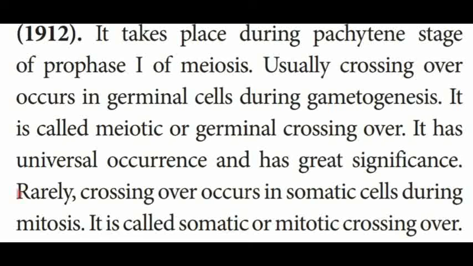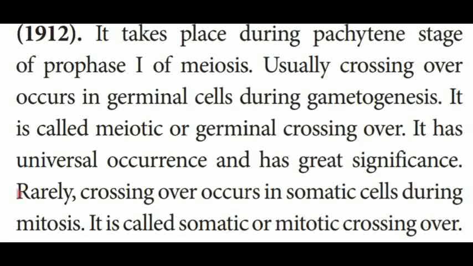Likewise, crossing over also occurs in the somatic cell, that is the body cell, during mitotic cell division. So in meiotic cell division, crossing over occurs in germinal cells, that is gametes, male and female. But crossing over occurs in somatic or body cells during mitosis. You already studied this in the lower section: mitosis takes place in somatic cells, meiosis takes place in germinal cells.